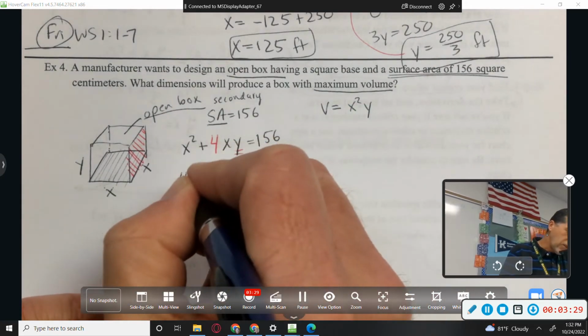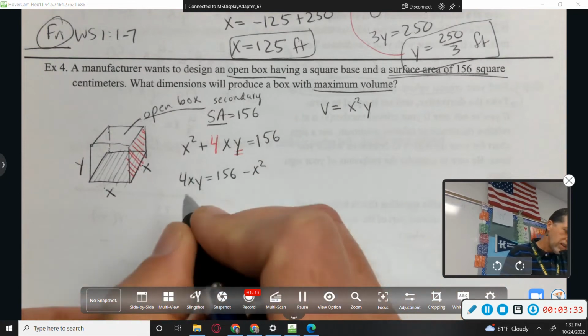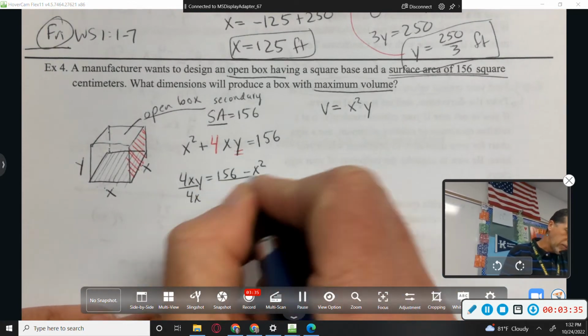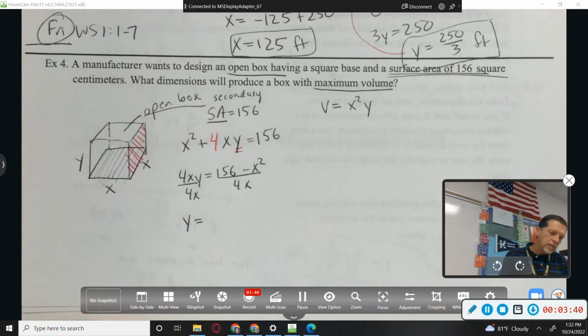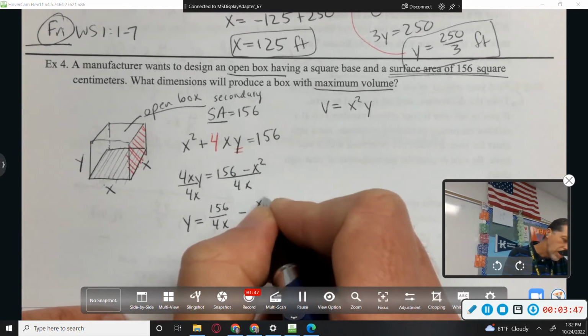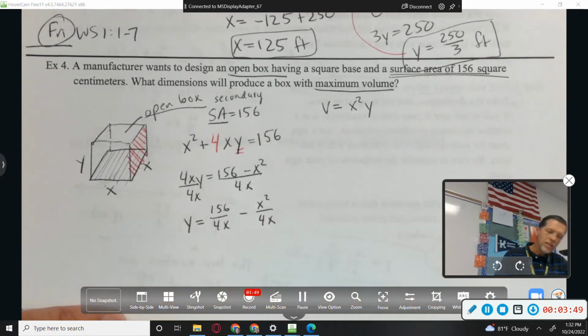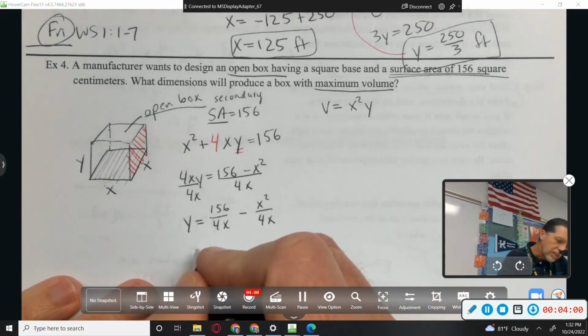So 4xy equals 156 minus x squared. And then we'll divide everybody by 4x. I think this is going to be easier if I split this up, because I can reduce different pieces of it. We'll see. 156 over 4.